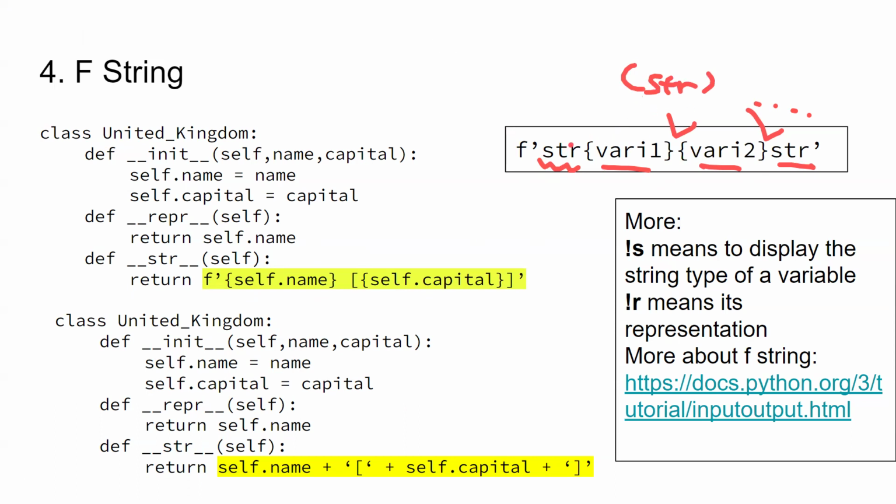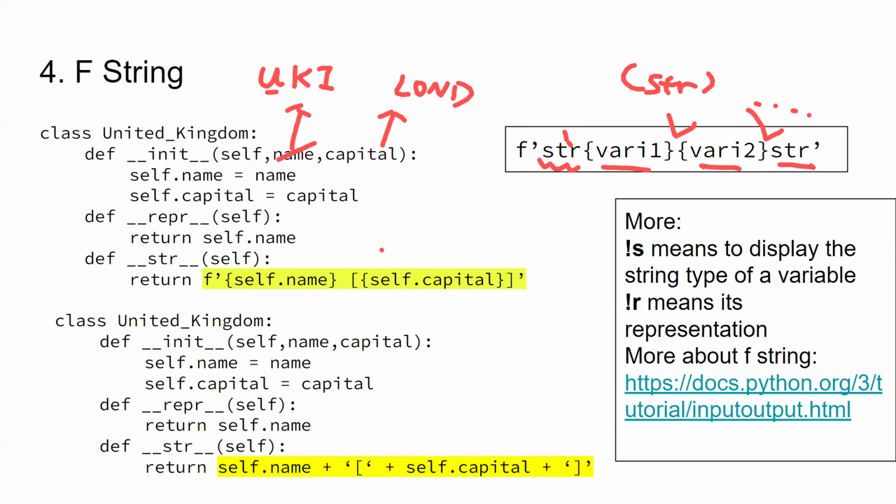The string will be like, for example, if I'm changing the name, let's say UK, I will make it UKI, kind of U King. And then the capital will say LOND. Suppose I'm changing that.